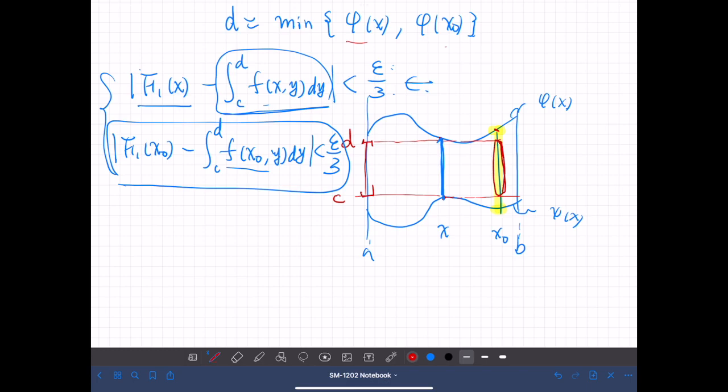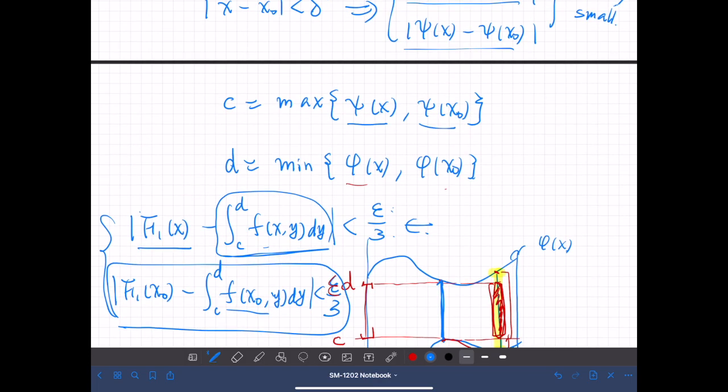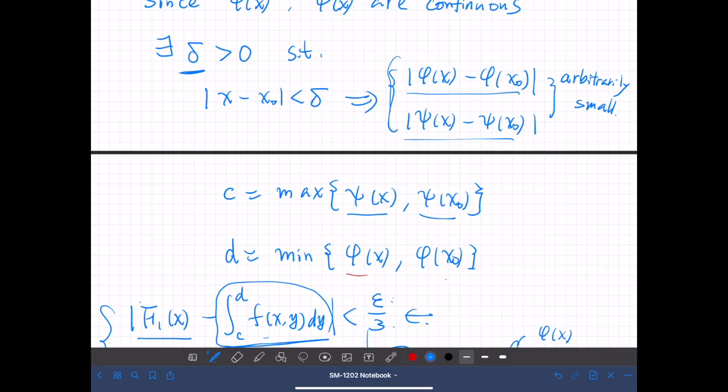So the difference between this yellow region and this red region can be made arbitrarily small if we choose the difference between x and x0 small enough. So if x is close enough to x0, the difference between this yellow integral and red integral can be made small enough. That's what these equations mean. And of course, that is possible because phi and psi are continuous.